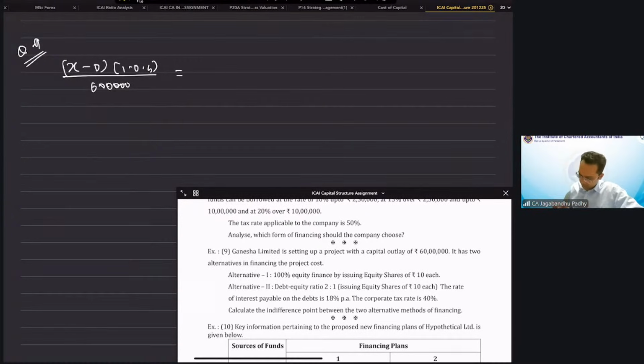On the other side, it is going to be funded by debt and equity. So it's going to be X minus interest. Interest is essentially going to be 60 lakh into 2 by 3. That's the amount of debt. On that, you're paying an interest of 18%.